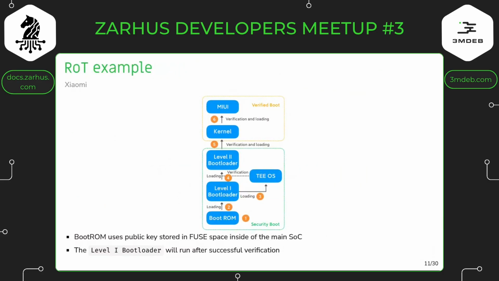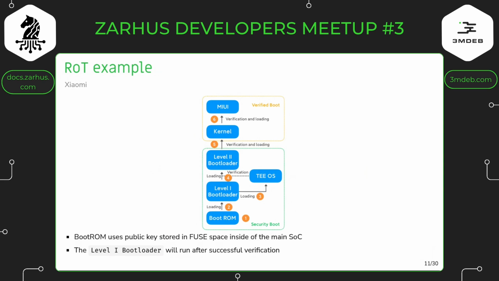So maybe let's take a look at some examples of how hardware vendors interpret that and implement that in practice. Some vendors publish some of the documentation in terms of secure boot, verified boot. They call it their own way, differently. But essentially, the idea is generally the same: we have a boot ROM, we have some fuse inside the SoC, during manufacturing we fuse the public key, and that is our root of trust for the next stages.